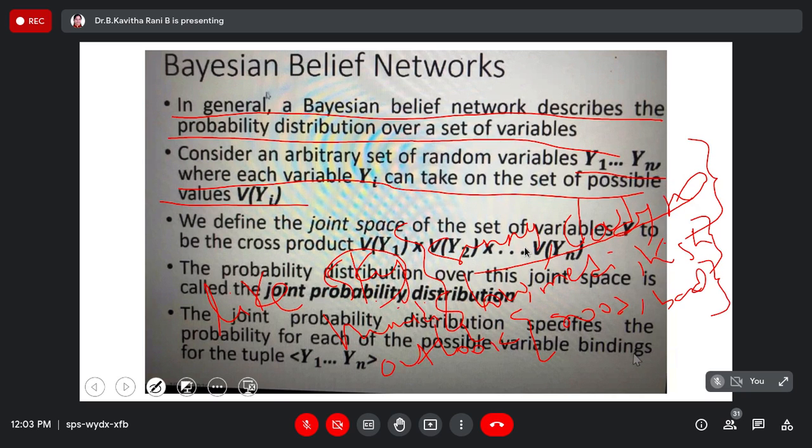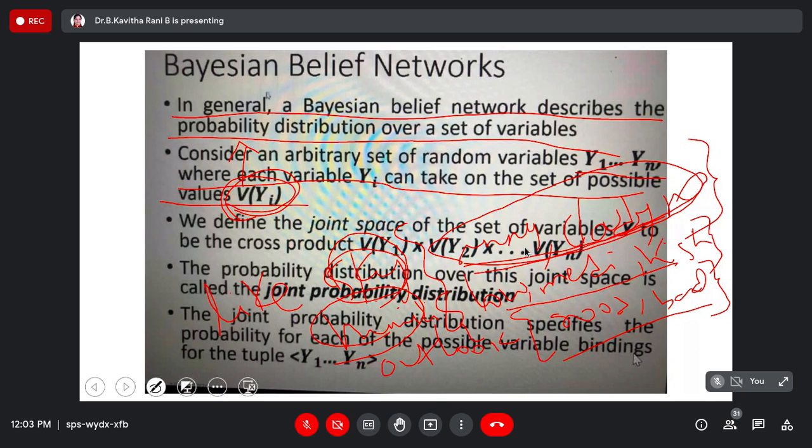Okay, so what we are doing is the set of attribute values indicated by V of Yi. V means your outcome value, and Yi means your attribute. What outcome values does this attribute have, that is denoted by V of Yi.